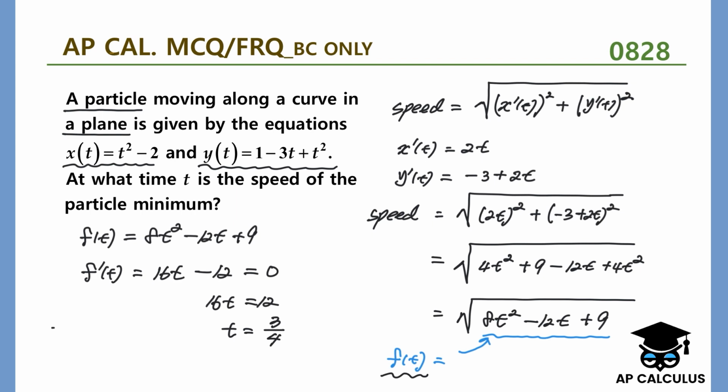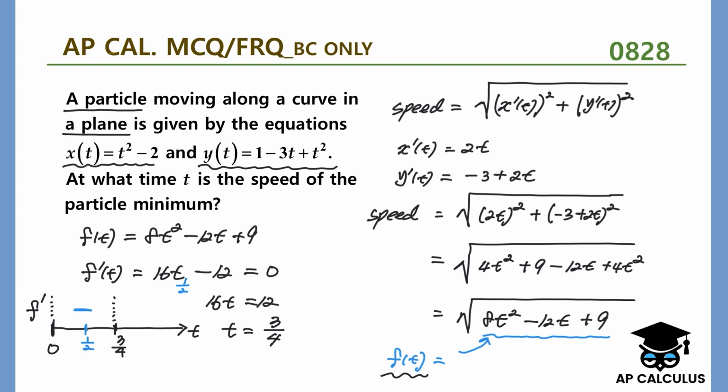So we're going to test. Here's a 0. And f prime is equal to 0 when t is equal to 3 over 4, right? Here's f prime. So if time t is, let's say, 1/2, then that's going to be 16 times 1/2 minus 12. Negative, right?